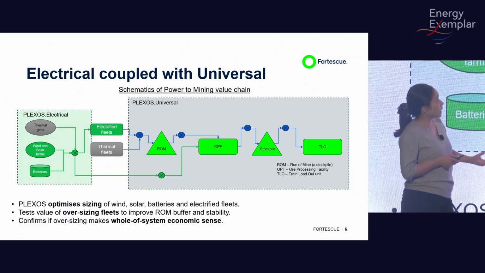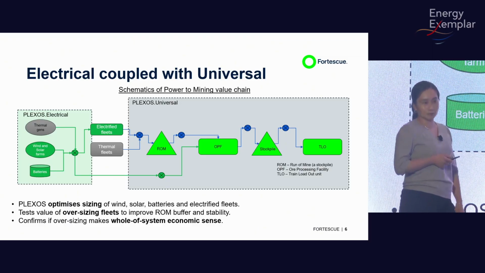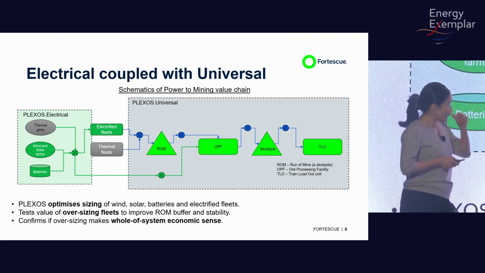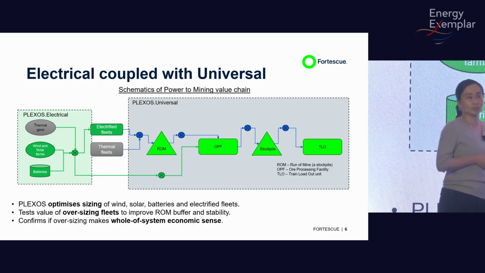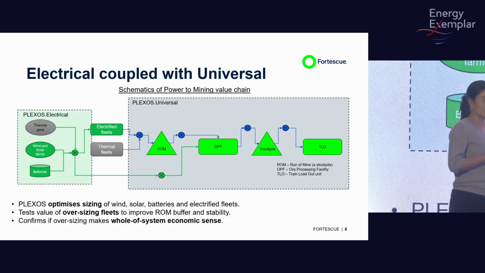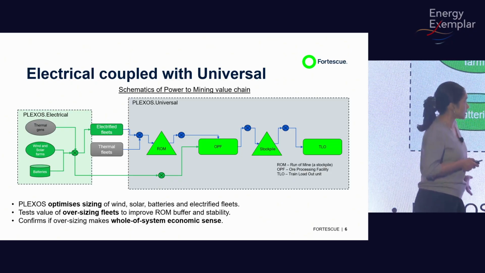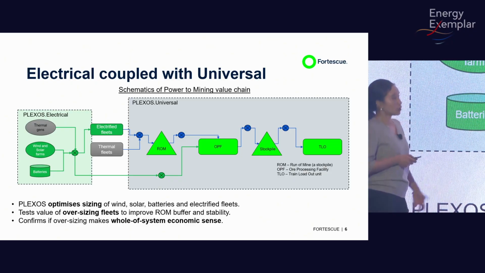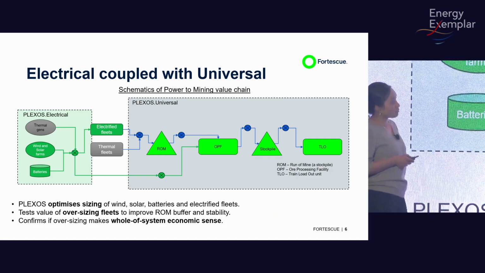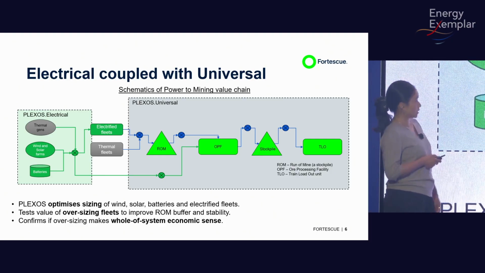PLEXOS provides those operational metrics to factor in those constraints and test the feasibility of it. Stockpile, you can think of that as ammonia storage, and train loadout, you think of that as a market. So that's very similar to your power to hydrogen and ammonia value chain.